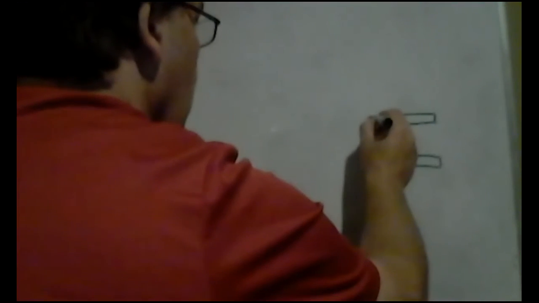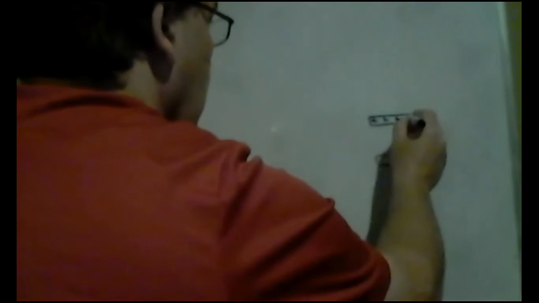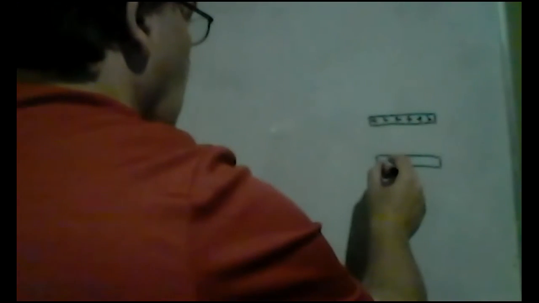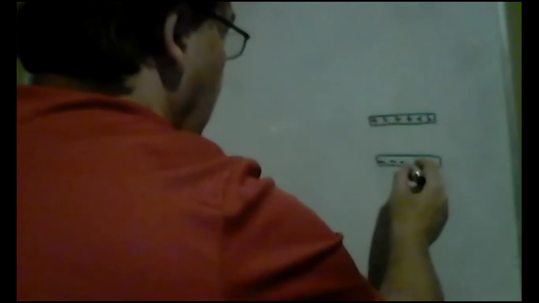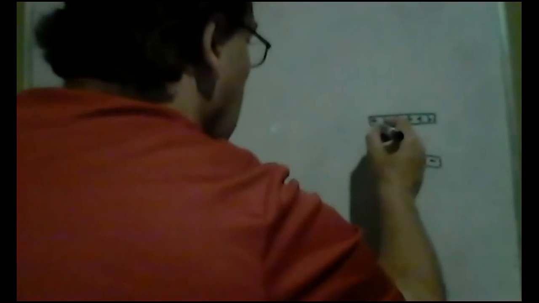The upper plate's going to have positive charge. Bottom plate, negative charge. Every positive should have a corresponding negative. And of course, electric field lines should be parallel to each other and perpendicular to the conducting plates.